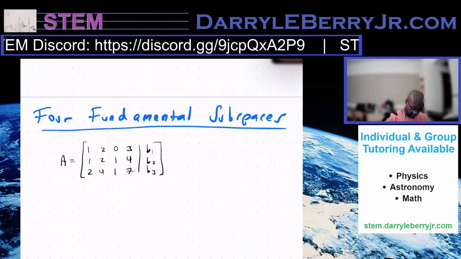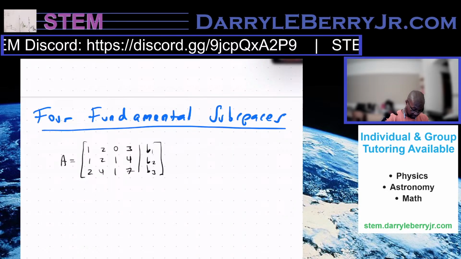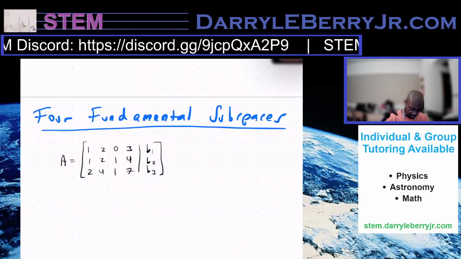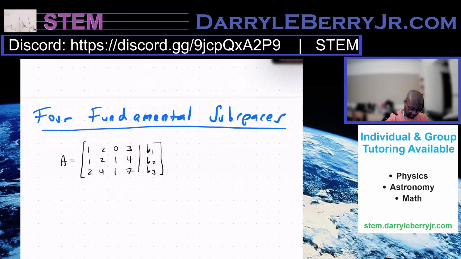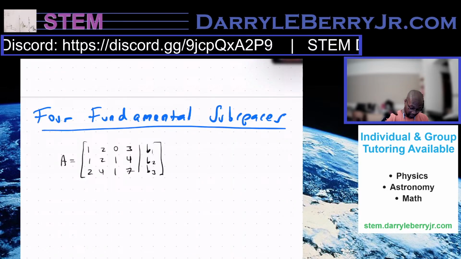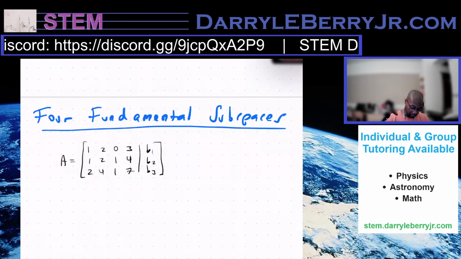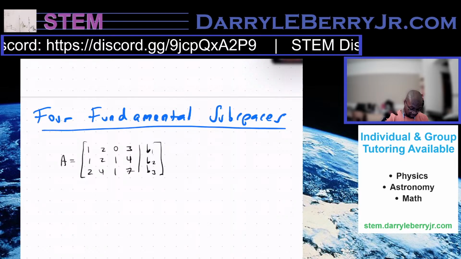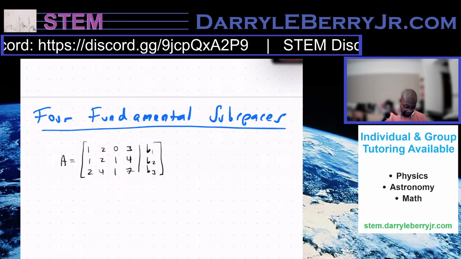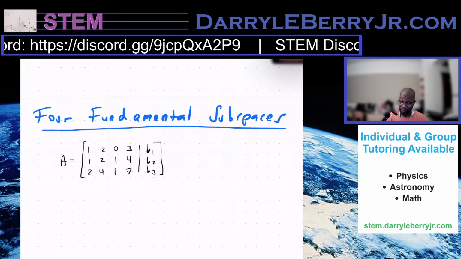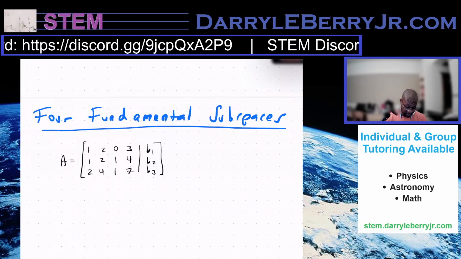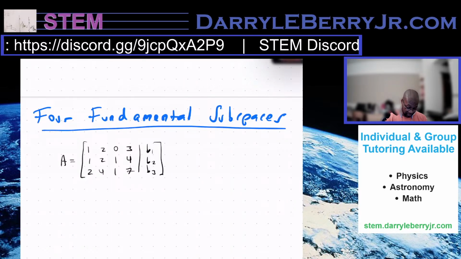So we can say N of A transpose equals the constraint equation's coefficients. So the left null space equals (1, -1, -1).